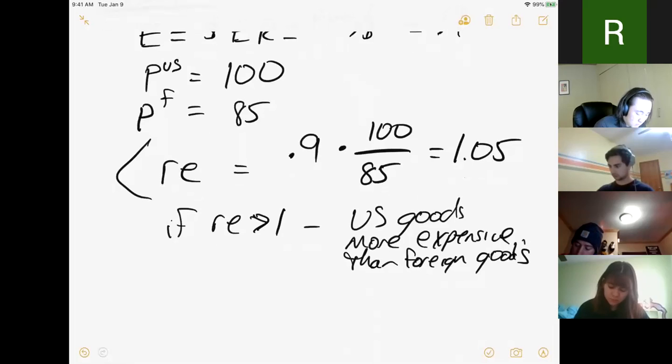So if we calculate the real exchange rate to be greater than 1, it means that US goods are more expensive. US goods are about 5% more expensive. And what happens if the real exchange rate is less than 1?